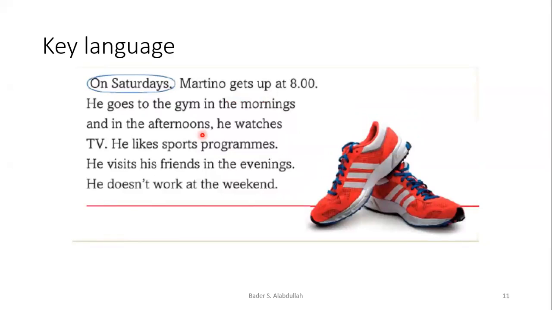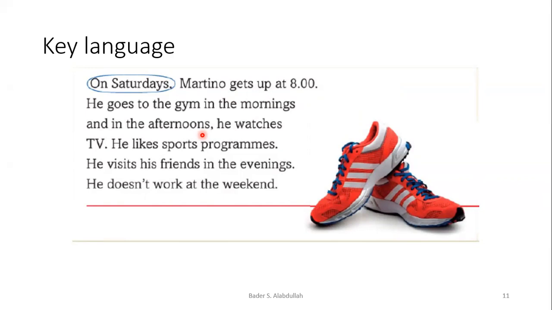Okay, let's read this text. On Saturdays, Martino gets up at 8. He goes to the gym in the mornings, and in the afternoons he watches TV. He likes sports programs. He visits his friends in the evenings.